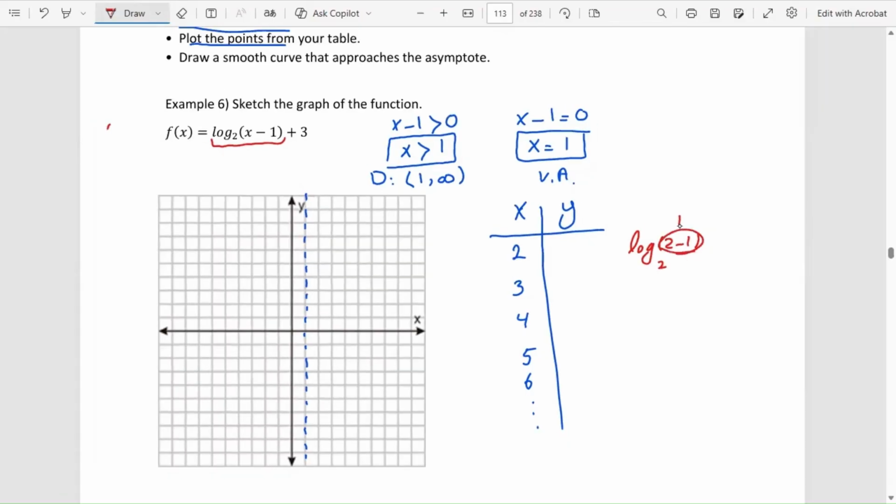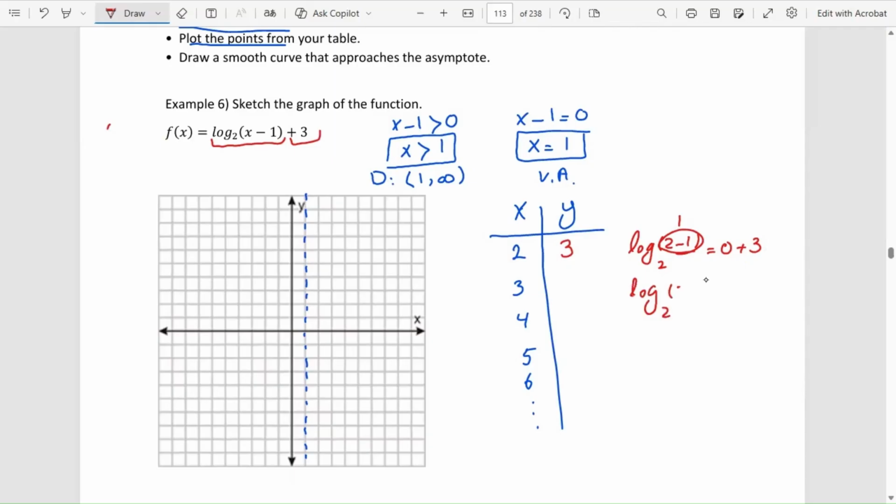And we say, what's the log of 1 base 2? It means what power of 2 gives you 1? And the answer is 0, because only 2 to the 0 power is 1. But after that, we also have plus 3, and 0 plus 3 is 3. Okay, I can take that. It's a good number.